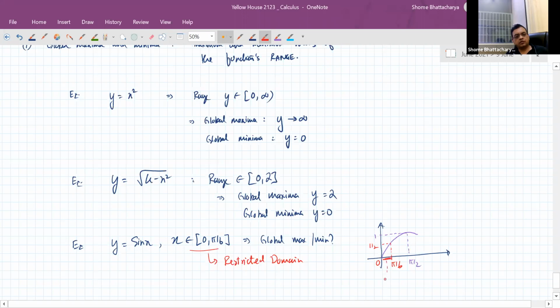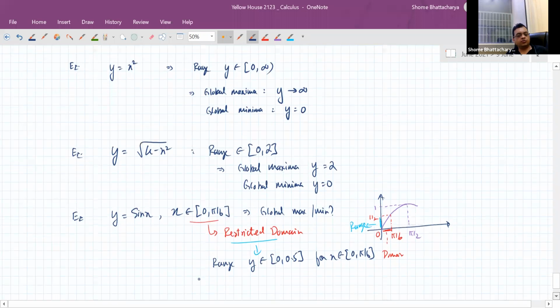So correspondingly, this is becoming our range. So for this restricted domain, our range is that y belongs to 0 to 0.5 or half, for the given domain that is restricted to 0 to pi by 6.